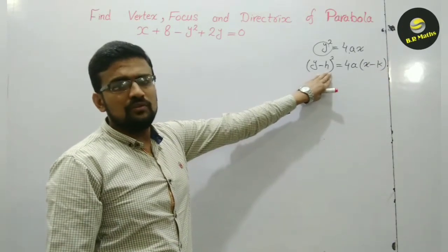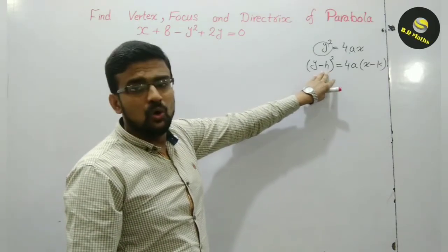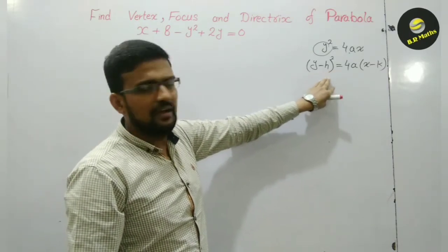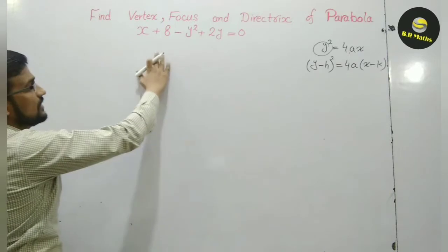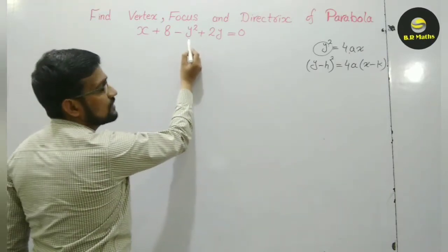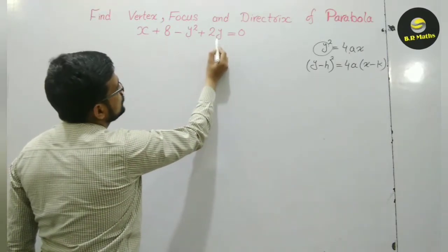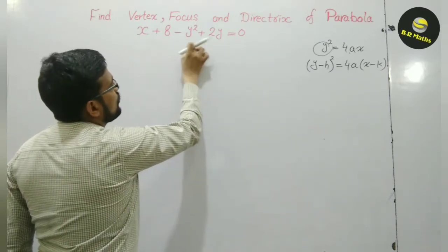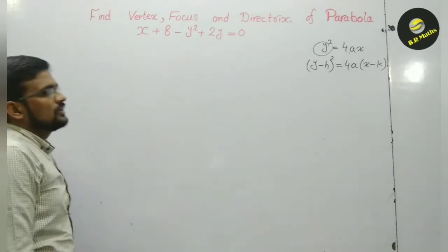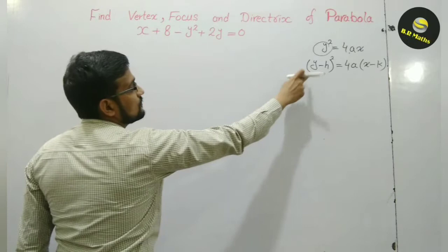According to this rule, you need the whole square of y. In this question, y² is given and 2y is also given, so according to these two terms, I can form this form.